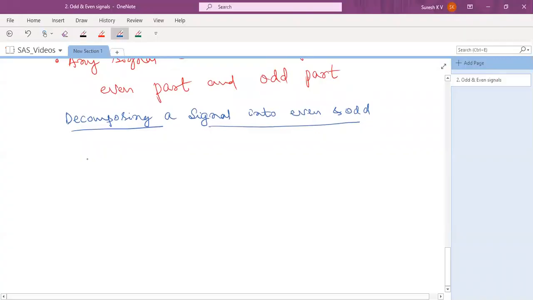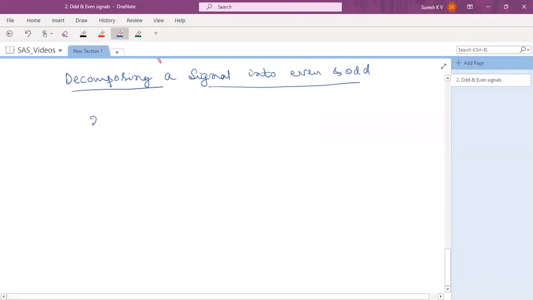So as I mentioned, any signal will have an even portion and its odd portion.